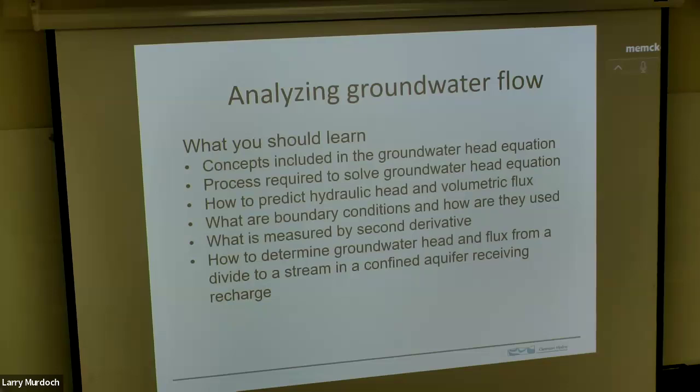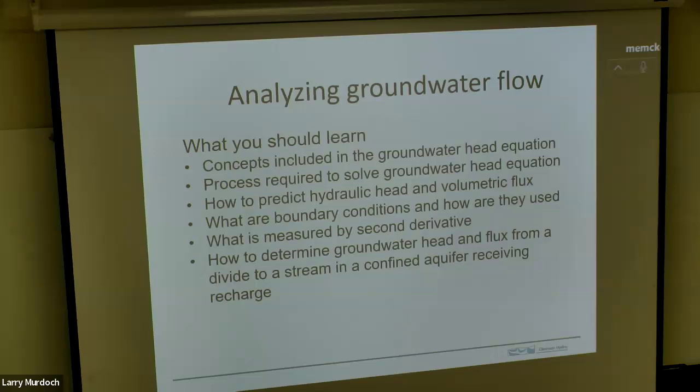So we'll show you a way to solve the groundwater equation graphically. So we can go then to 2 dimensions and solve some more interesting problems. And it just involves a pencil and an eraser. So that'll be in a few days.